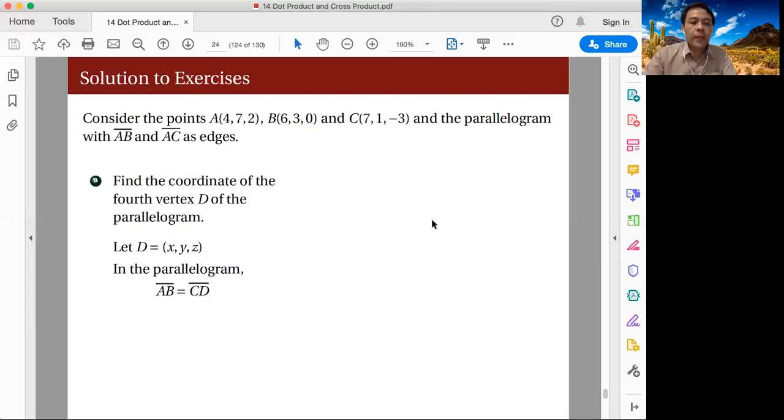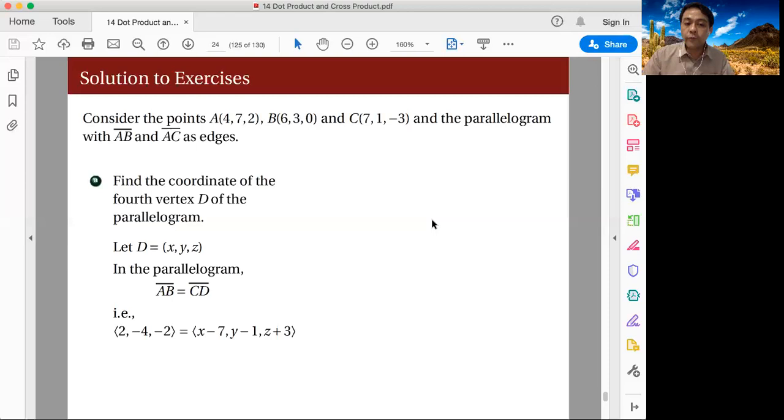So they must have equal lengths in the parallelogram, and they must have exactly the same direction. Okay? So if they have the same lengths and they have the same direction, they are the same vectors. So the vector AB is 6 minus 4, 2, 3 minus 7, negative 4, 0 minus 2 is negative 2. And the vector CD is x minus 7, y minus 1, and z minus minus 3.